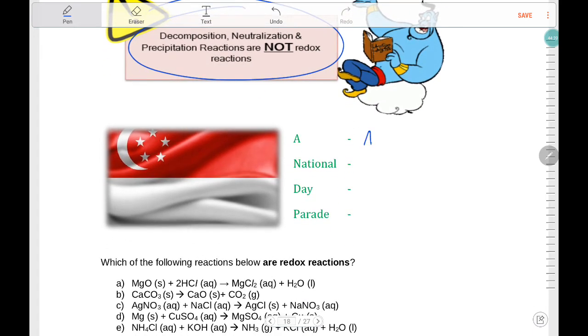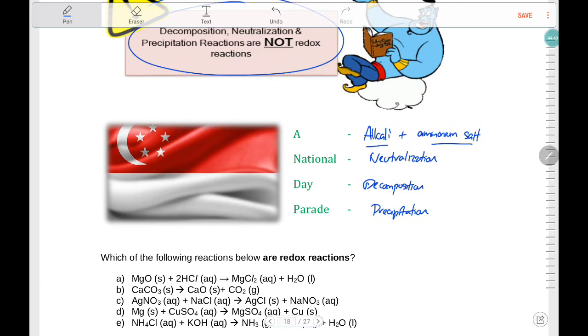A represents alkali plus ammonium salt reactions, which I hope you remember from Sec 3. Ammonium salt plus alkali gives salt, water, ammonia gas. N stands for neutralization. D stands for decomposition. And P stands for precipitation.